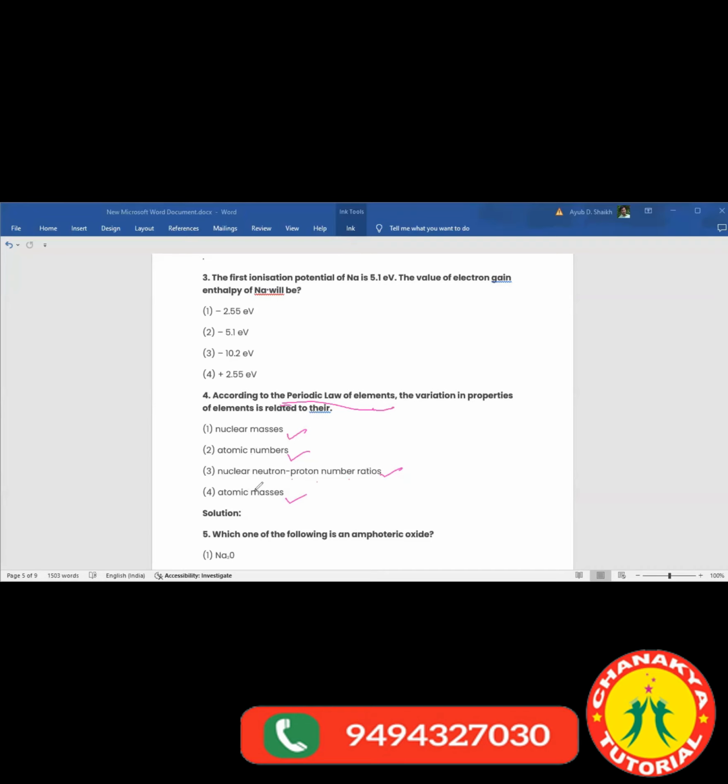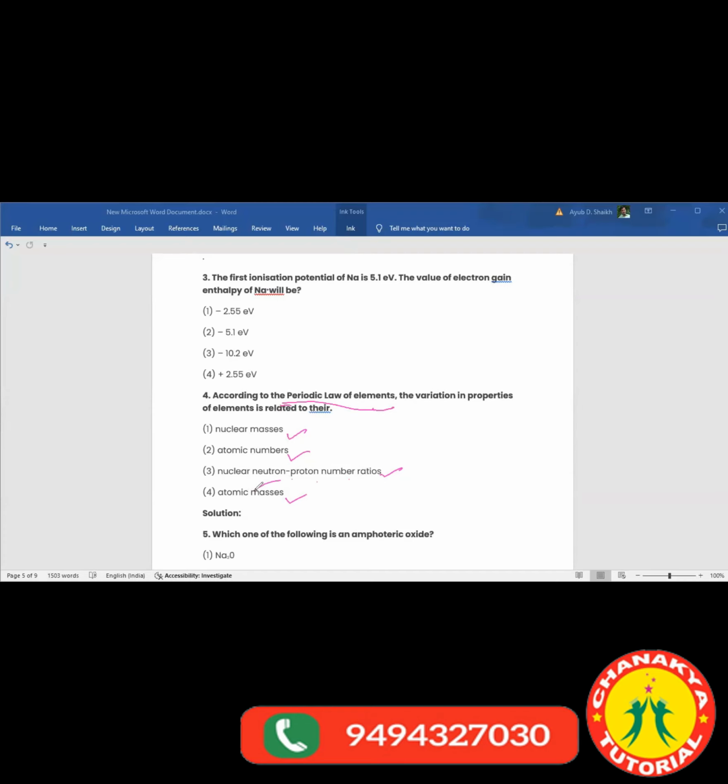Atomic mass? Are you sure? Is it atomic numbers? Okay. Tell me first of all. Yes, Dhananjay, it's atomic number. Yes, Shreyasi, it's atomic number.